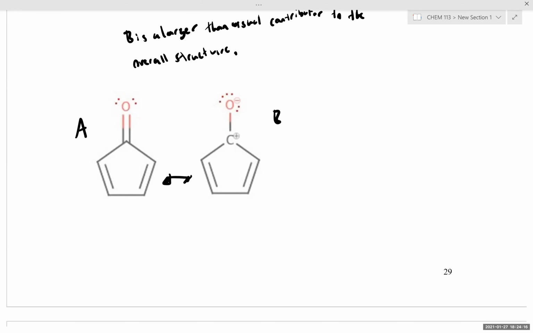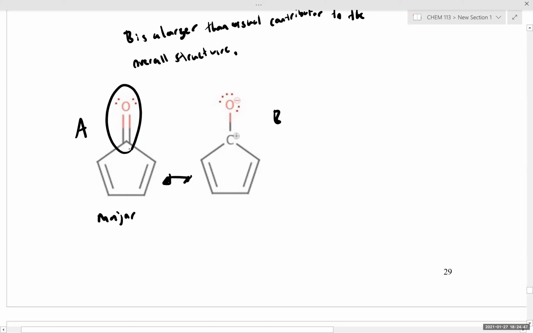Is it A? So one student's proposing that A is the major contributor. Would you be able to provide an explanation for why? Okay, wait. Now that I'm looking at it, I was thinking because it would have 6 pi electrons, but... You're on the right track, but think about it using a similar line of logic, from the perspective of, are any of these structures anti-aromatic?